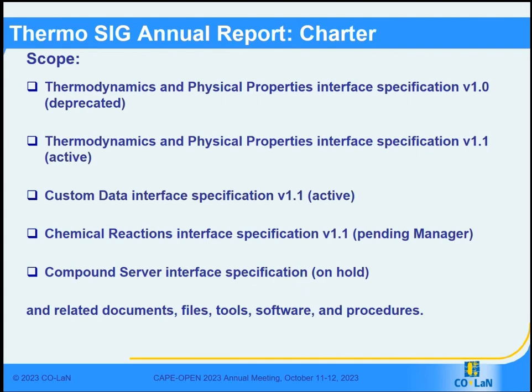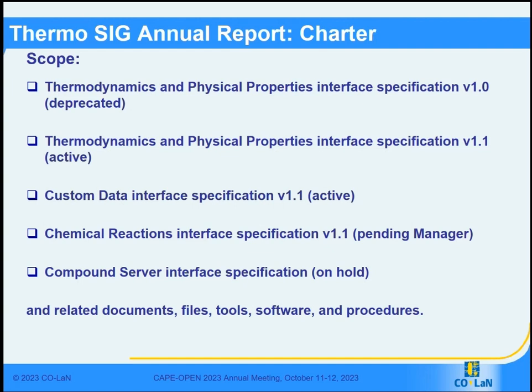What is Thermo SIG? It is a special interest group for thermodynamics with the aim to develop, maintain, and promote thermodynamic interface specifications. The list of documents currently contains the interfaces listed here.